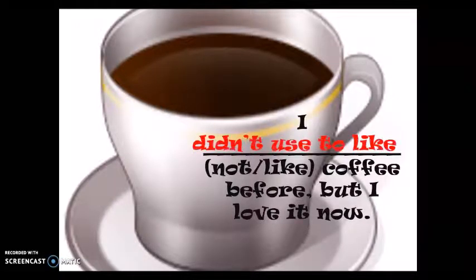Correct. Again, this is a negative form. So, I didn't used to like coffee before, but I love it now. Right? No solía gustarme el café antes, pero ahora lo amo. Este puede ser una oración para todos los maestros, en mi caso. Okay.